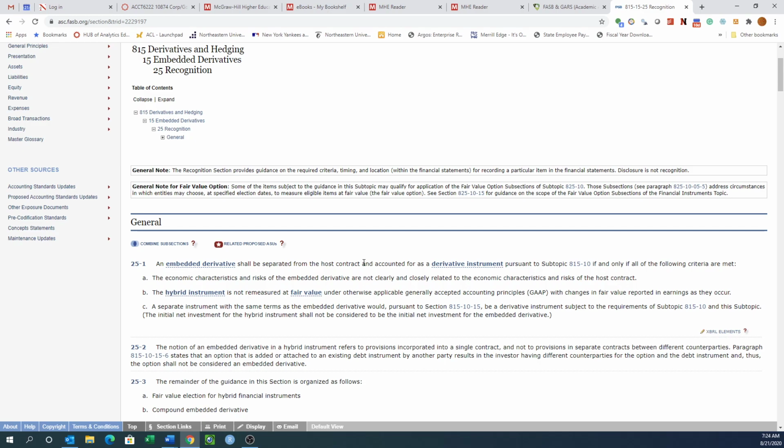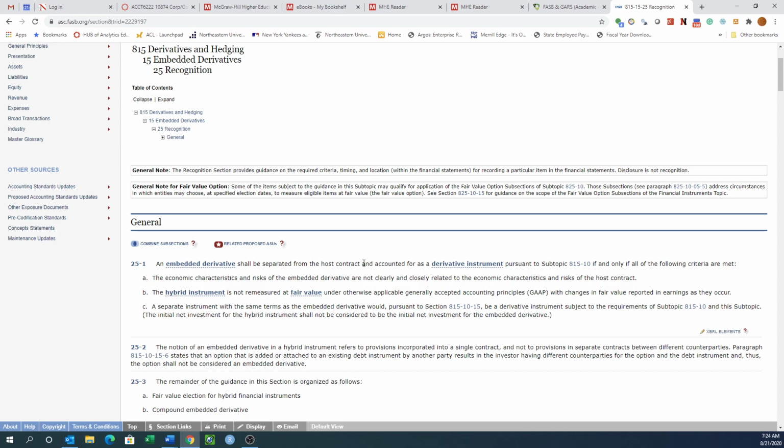You can account for this stuff at fair value, but you have to make that distinction right away. You see that a lot with debt instruments. If you are not measuring it at fair value, then the embedded derivative has to be pulled out of the host instrument. Remember, all three of these things have to be met.